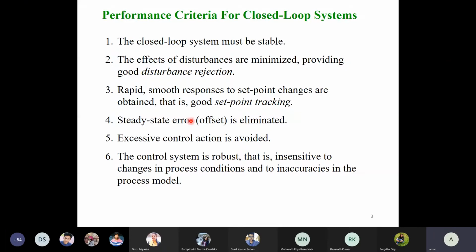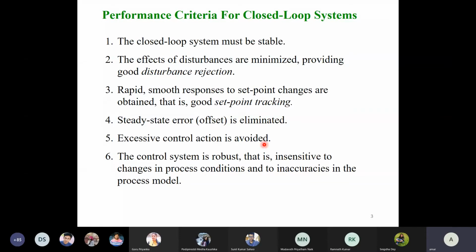Fourth, the steady state error has to be eliminated. Excessive control action is avoided. Excessive control action means excessive changes in the manipulated variables, maybe in the control valve, maybe in the voltage, maybe in the current. So that excessive control action has to be avoided.